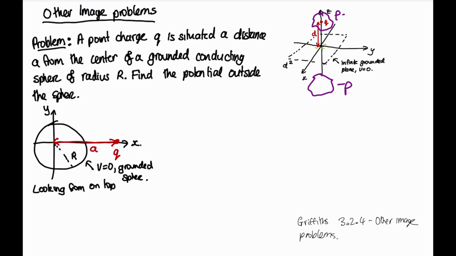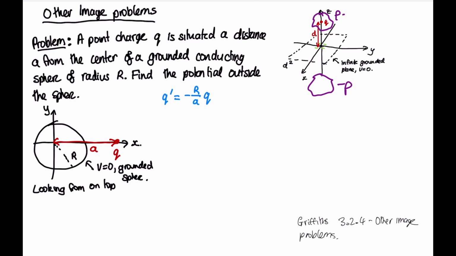Now, in this case, it turns out that how we can use the method of images is, rather than placing a charge of minus q, we need to replace it with a charge of q dash is equal to minus R on A times q.